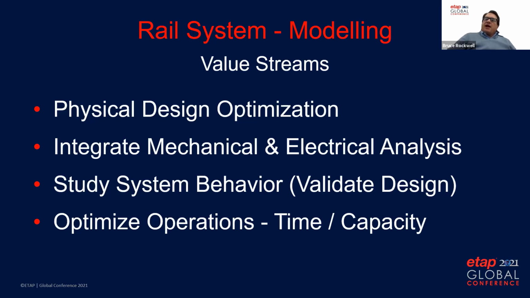So eTraX allows us to develop a dynamic train model that can be integrated to evaluate the electrical power requirements. And in this manner, we can study the system behavior mechanically and electrically, again, to validate the design and optimize operations. We can look at capacity, we can look at time schedules, and optimize the performance of the railroad.